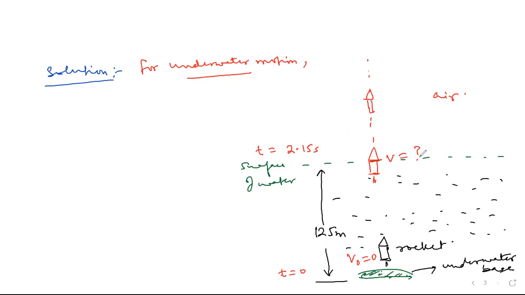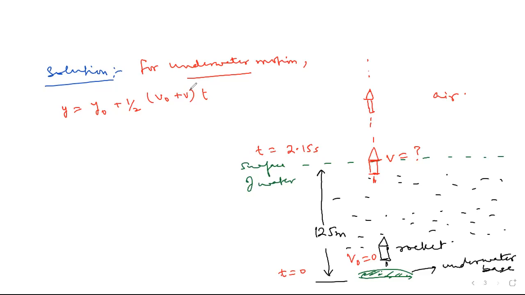So we can use the equation y is equal to y naught plus half of v naught plus v times t.